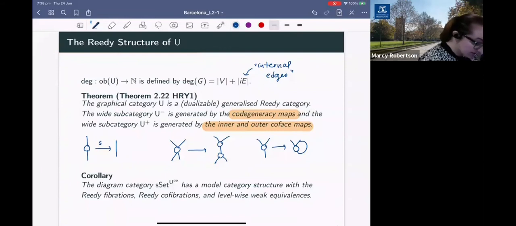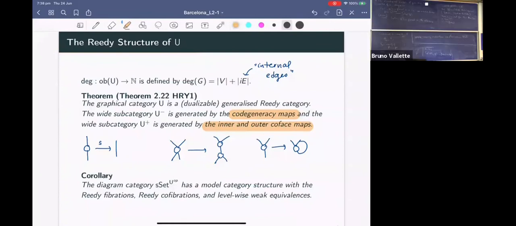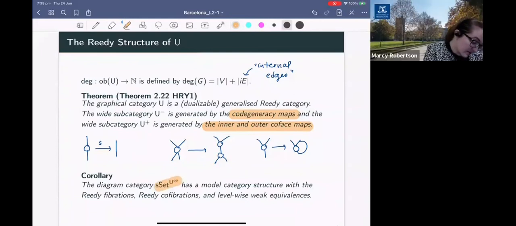And so a direct result of the theorem of Berger and Moerdijk is that we have a nice model structure on this category of graphical spaces, where we have level-wise weak equivalences still, but we have a nicer class of cofibrant objects.